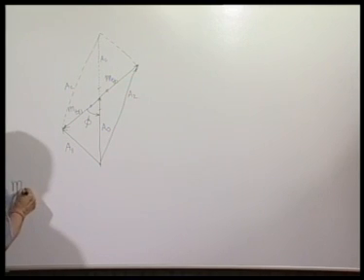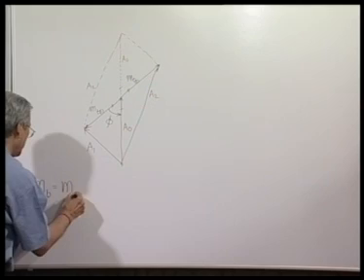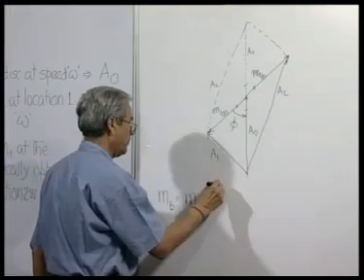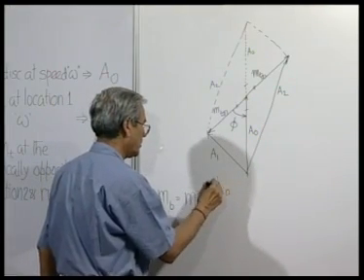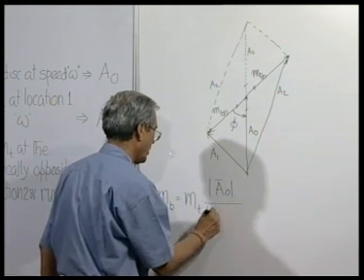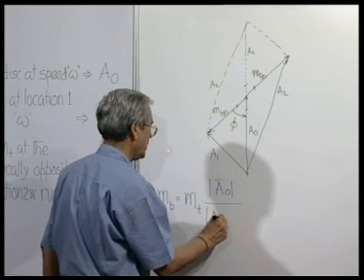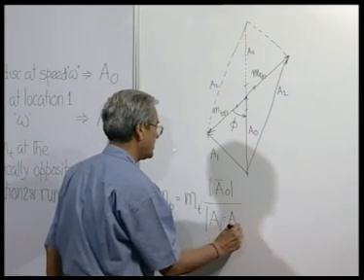change the magnitude also. Mb will be equal to mt into magnitude of A0 by magnitude of A1 minus A0.